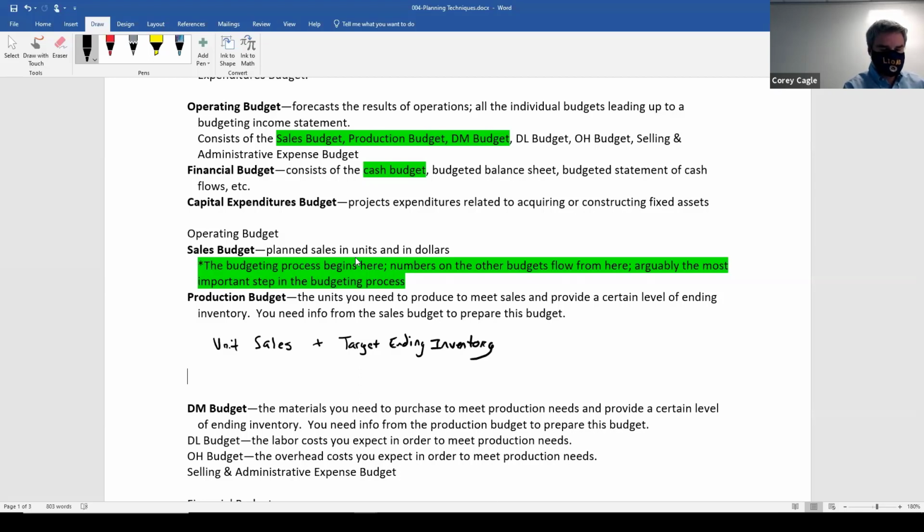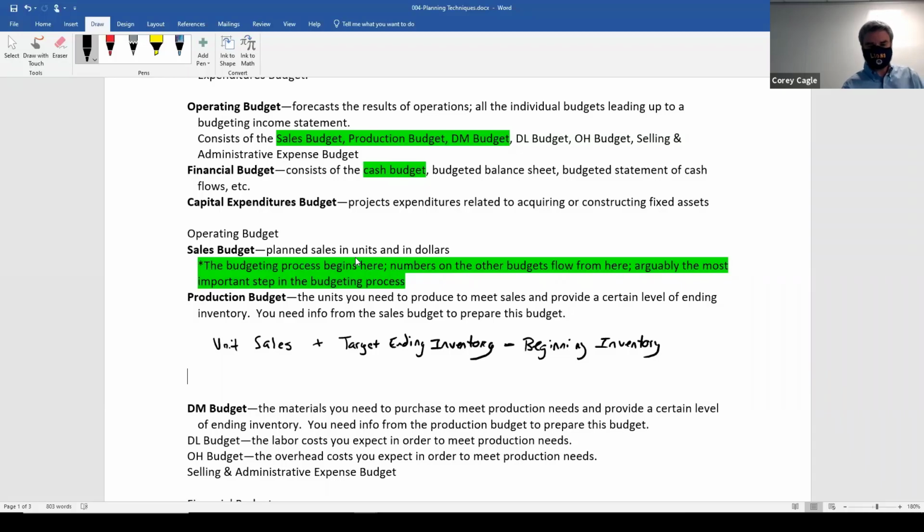You can't just do unit sales plus target inventory. You really are capturing what kind of change in inventory you need to consider. So subtract out what you already have. Otherwise, you just keep adding and adding inventory each time, right? So unit sales plus whatever change in inventory level you need to meet whatever sales you expect are coming up later, right? That's your production budget.